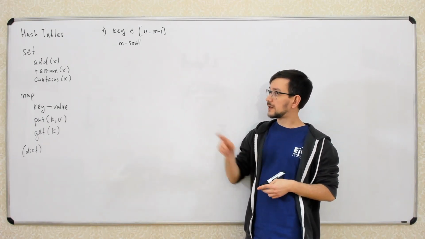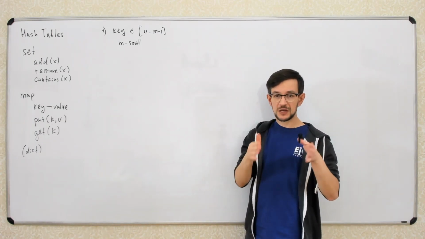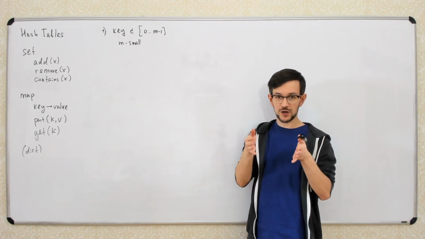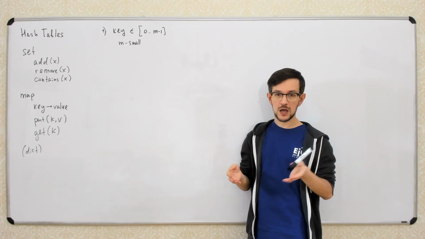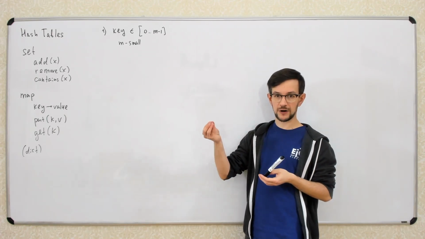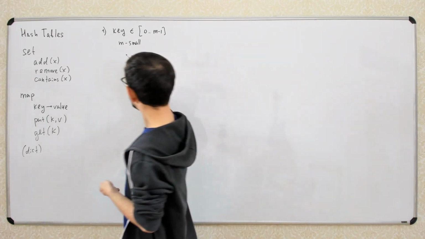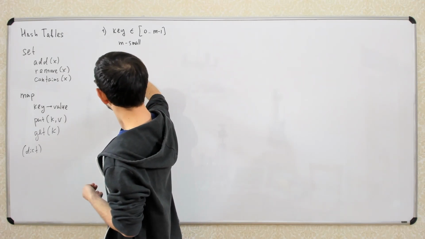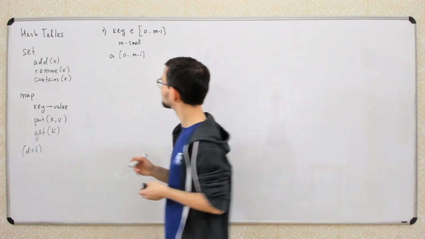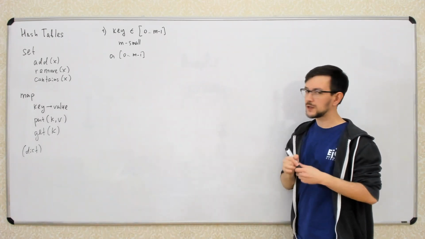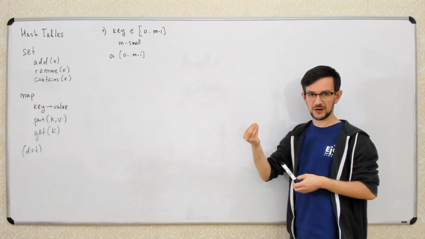So, how to implement a map or dictionary if the key object is just a small integer number? Basically what you can do is take an array and use this key as an index in your array. So you create an array, let's say array A of size m, and use your key as an index in this array.